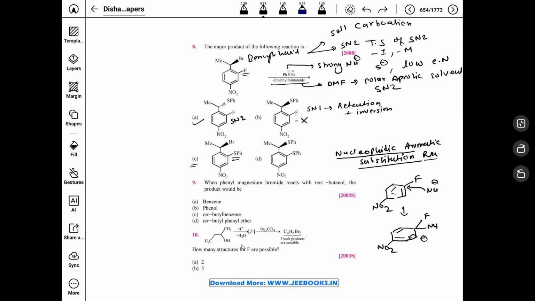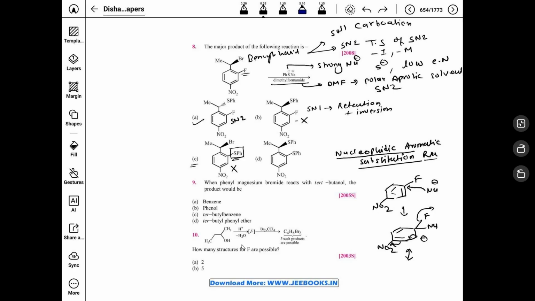So it goes here and then follows up. In this way you can draw further resonating structures. After that this fluoro goes away and the nucleophile comes. So this is possible if nitro was at the para position, but in this case it is at the meta position, so it is not stabilizing the negative charge. Therefore, substitution only at this position is not possible.